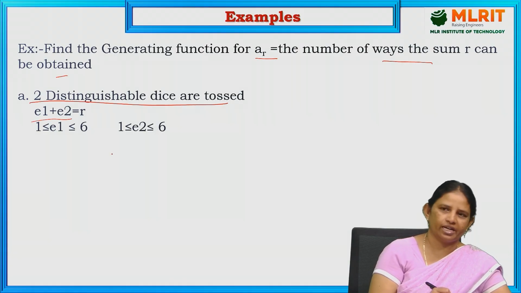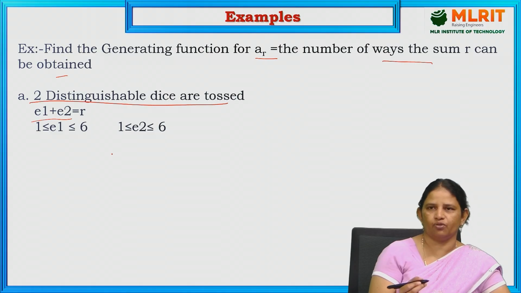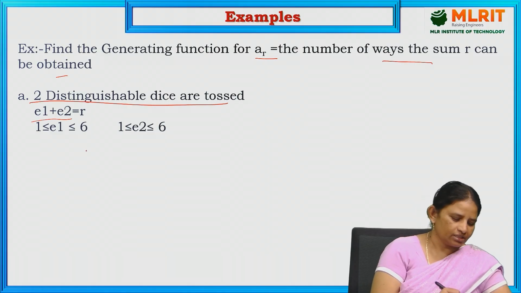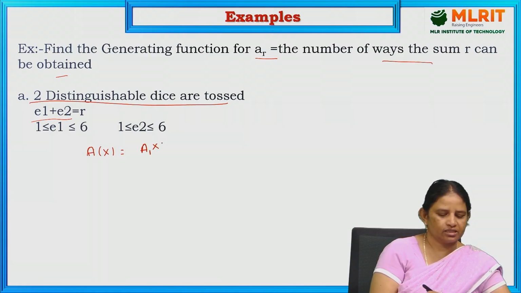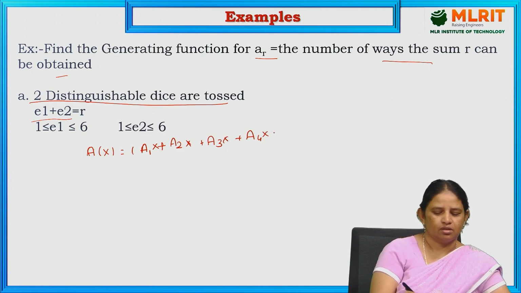That is a1x, a2x, a3x, a4x, a5x. So, that is g of x equal to a1x plus a2x, a3x, a4x, a5x, a6x.